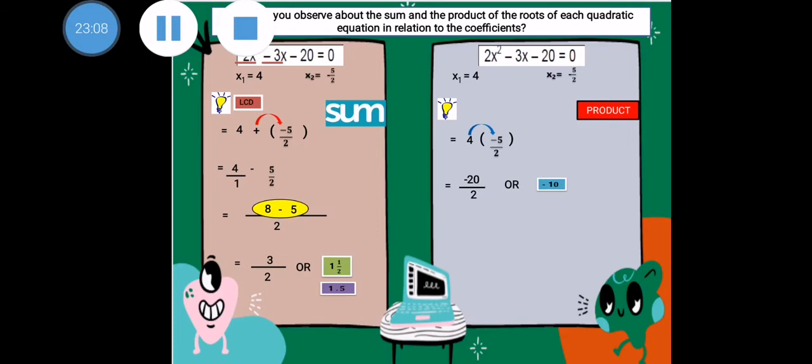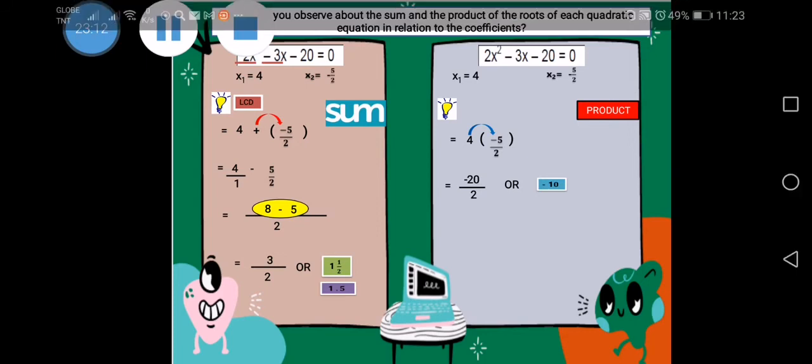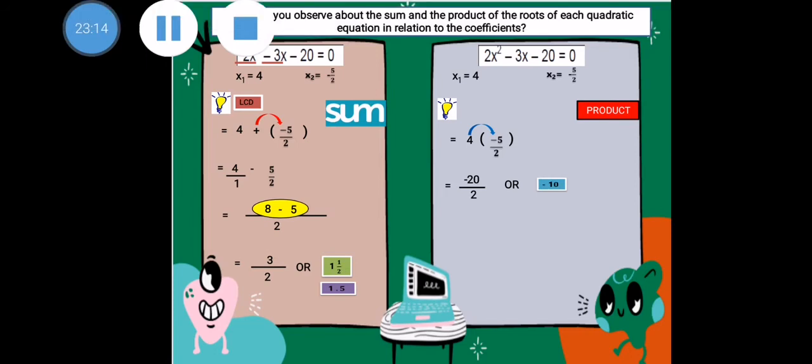So, alam naman natin na si quadratic term ay si A. And then, si linear term ay B. And negative 20 or the constant is C. So, kung titingnan nyo yung sagot natin sa sum, that is 3 over 2. So, yung 3 po as numerator, yan po yung ating B. And then, ang 2 naman, which is the denominator, ay yun ang ating A.